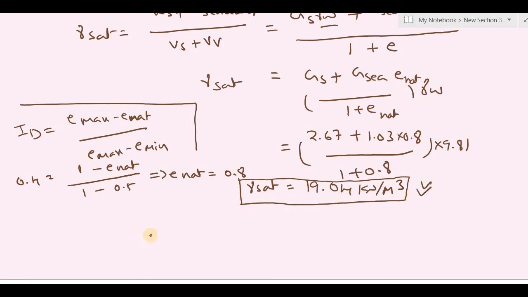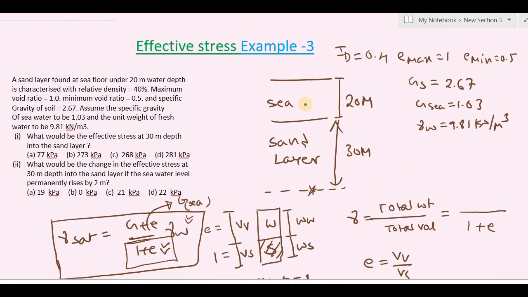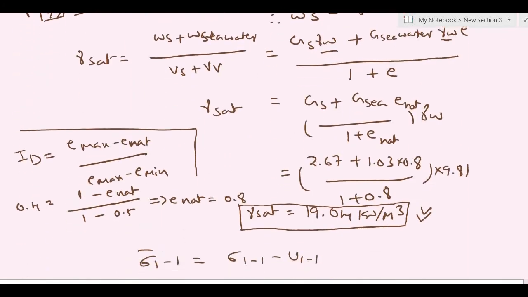Now we will calculate the effective stress. Effective stress at 1,1 equals total stress at 1,1 minus pore water pressure at 1,1. Total stress at 1,1, we'll see. So this is 1,1. This is H1, this is H2. This is gamma 1, and this is gamma sat, which we already calculated, gamma 2.